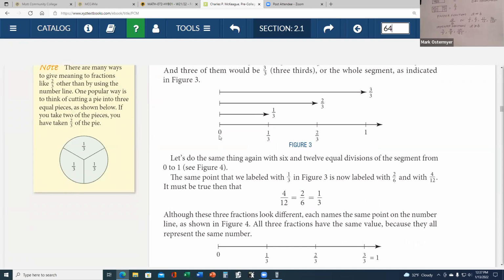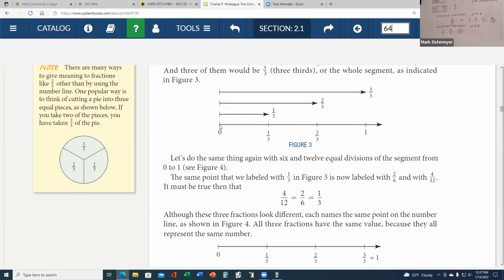Ladies and gentlemen, if we look at this number line here in figure 3 on page 64 in your textbook, notice that this number line starts at 0 and then kind of ends at 1. And notice that interval from 0 to 1 has been partitioned up into 3 equal size intervals. Do you agree?